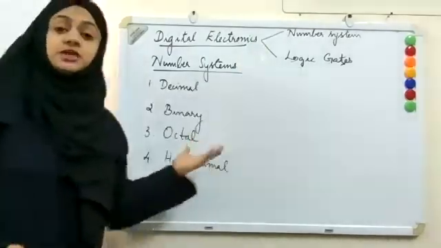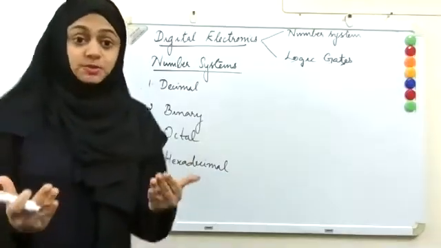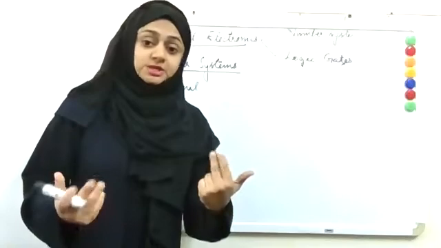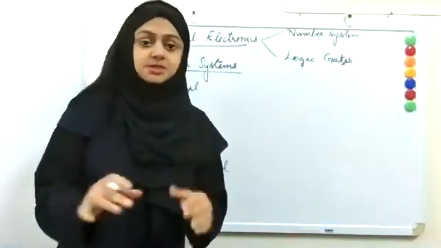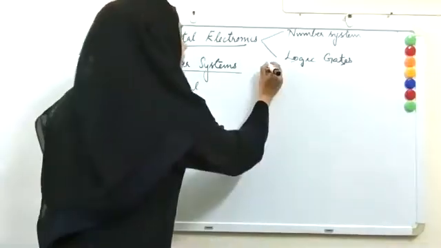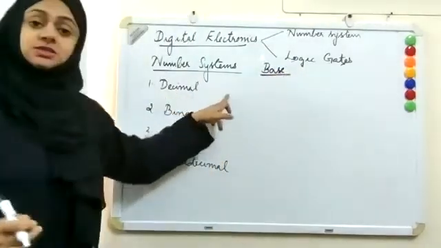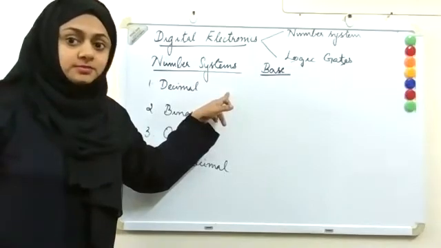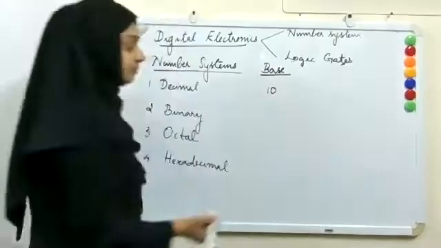And each of these number systems has a base. What is meant by the base? Base means the number of digits or number of symbols used in that particular number system. So what is the base for decimal number system, the usual numbers which we use? Its base is 10.